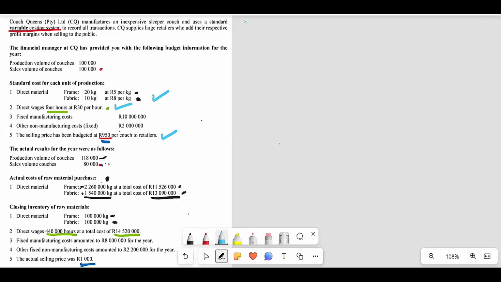So here you just take the 10,000. So fixed manufacturing cost variance, right? You just take the 10 million and then you deduct the actual, which is 8 million, and it gives us an amount of 2 million.